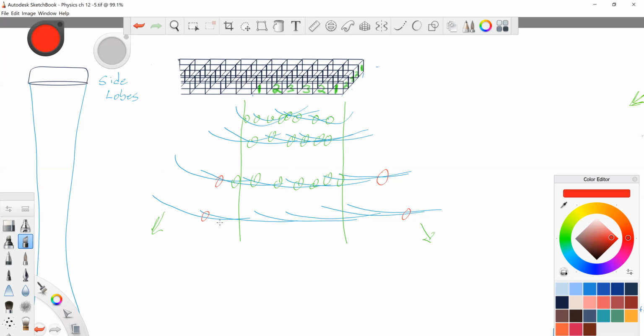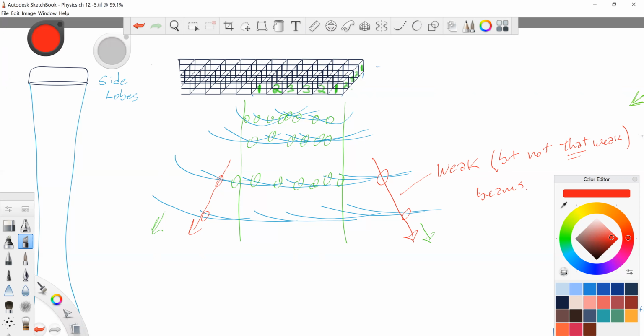I didn't draw this very accurately. Well, that unwanted, mistaken interference out there creates basically weak, but not that weak, beams.